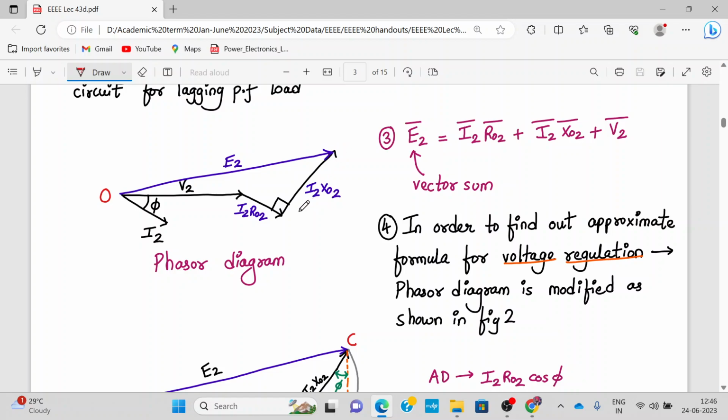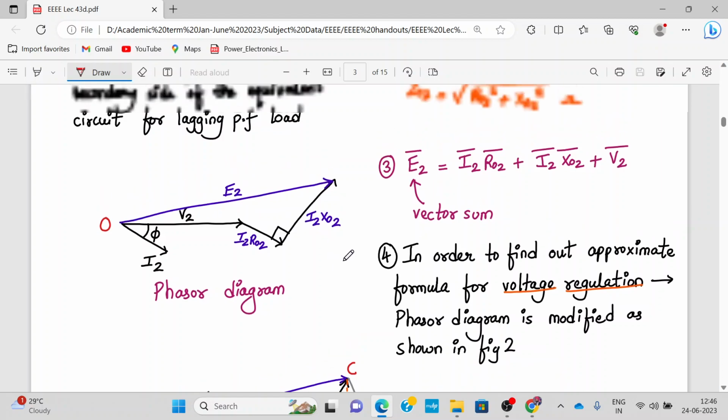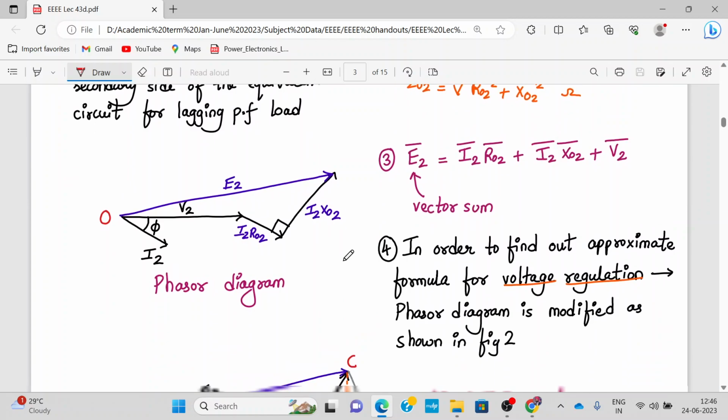So I2 XO2 should be 90 degree from I2 RO2. And then the phasor sum of I2 RO2, I2 XO2 and V2 will be E2. So the vector sum E2 will be I2 RO2 plus I2 XO2 plus V2. So this is the phasor diagram for the secondary side of the equivalent circuit.